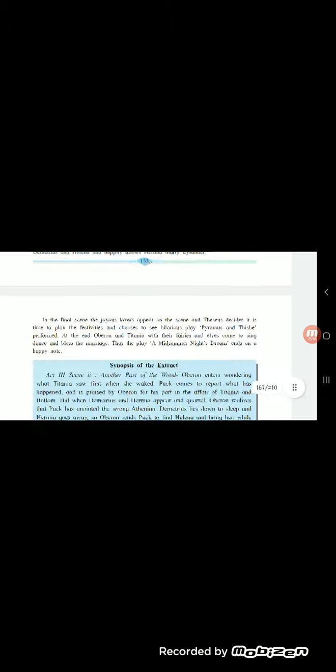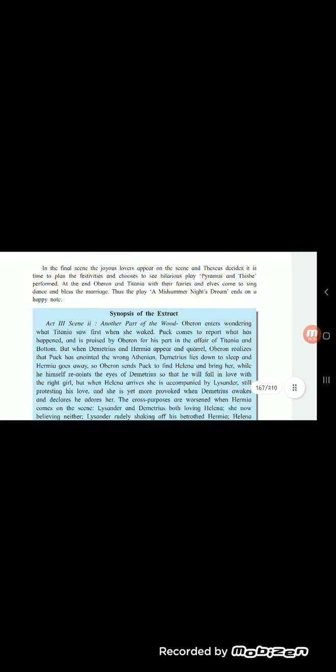Okay, so in the final scene, the joyous lovers appear on the scene, and Theseus, Duke of Athens, decides it is a time for the festivities and chooses to see the hilarious play Pyramus and Thisbe. Okay, and this is how this play, A Midsummer Night's Dream, comes to an end. Okay, it is a story between the couples and the major theme is love. All right.